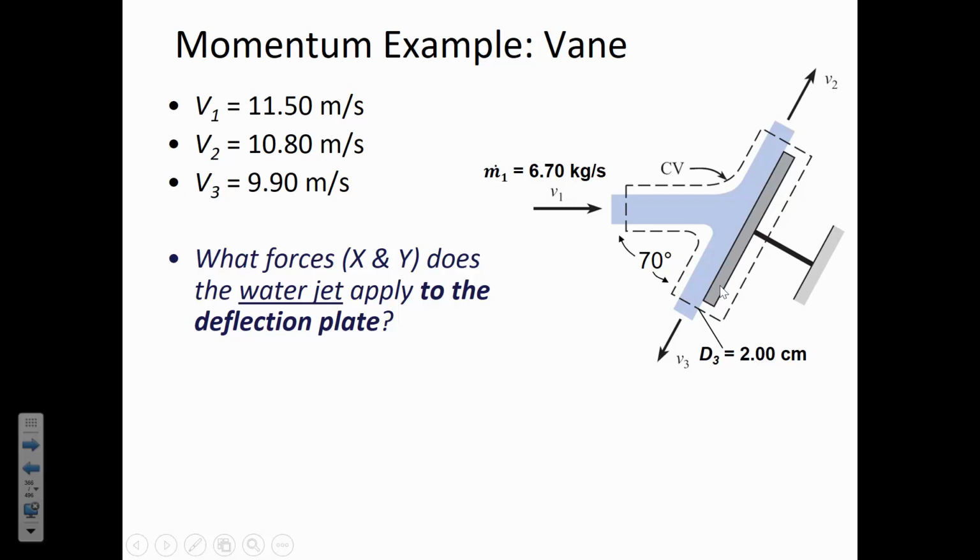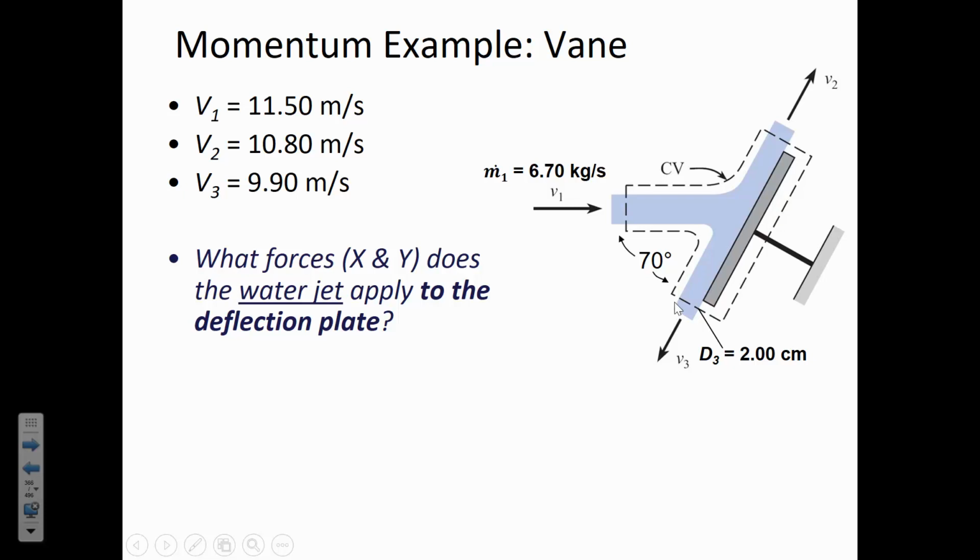We only know the mass flow rate coming in. That's stream number 1. But what we are given is the diameter of the jet that's coming out at 3. And it turns out that with the velocities, that's going to be enough information for us to find the mass flow rate at 2 and the mass flow rate at 3.